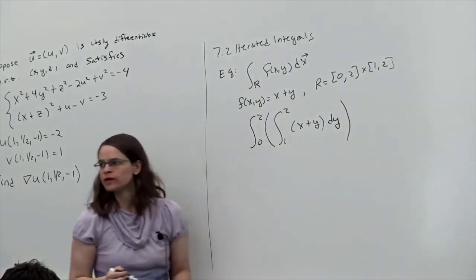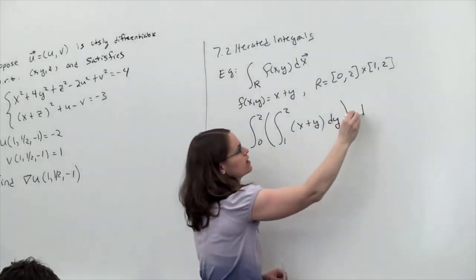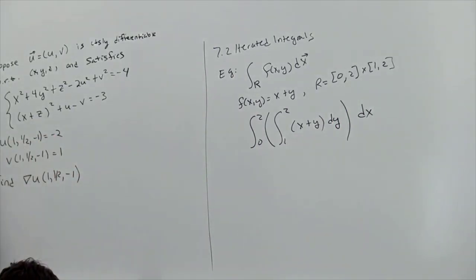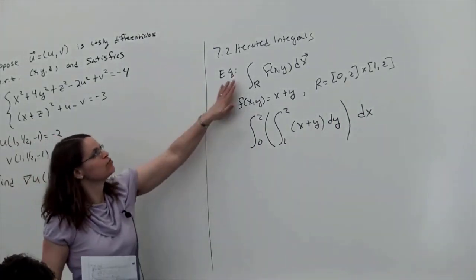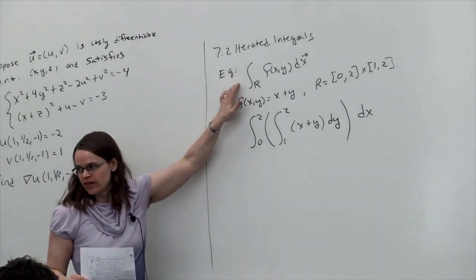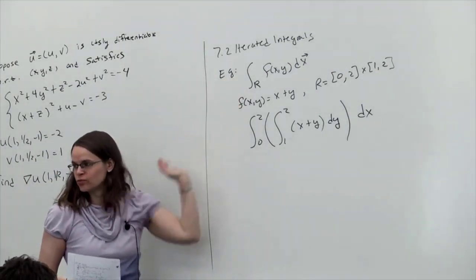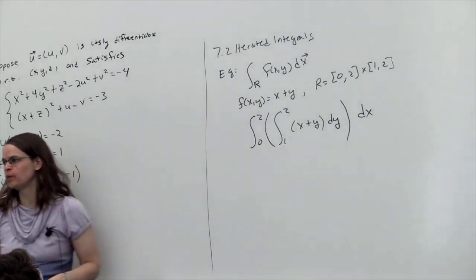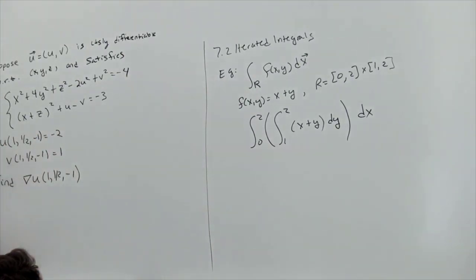Then I get something that only depends on x, and then I integrate over the x variable. And we have tricks for doing this, of course. So the question is, this integral, which we have a precise definition for, and which has nothing to do with 1D integrals, is this the same as this? And when is it the same? Or when can I change the order of integration? All these things that we want to do.